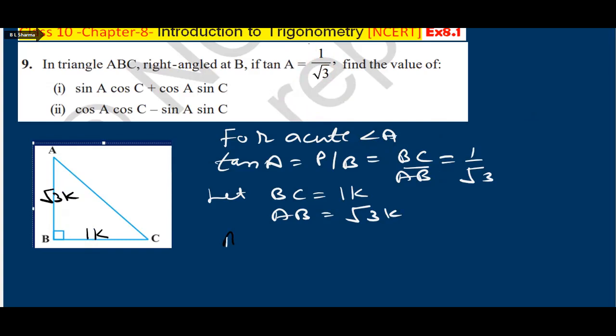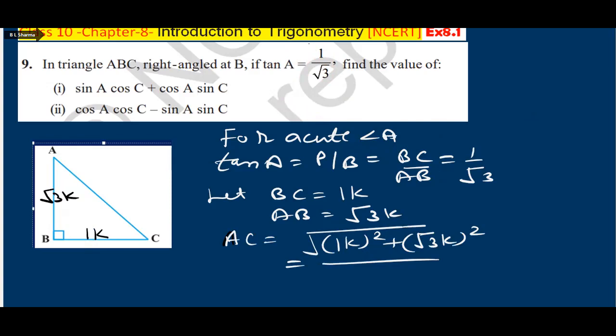So AC will be square root of 1K square plus root 3K square, that is 1K square plus 3K square, that is 4K square, we can write that is 2K. So here the hypotenuse AC is 2K.